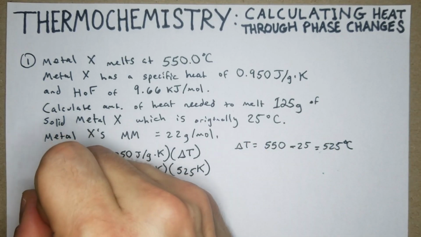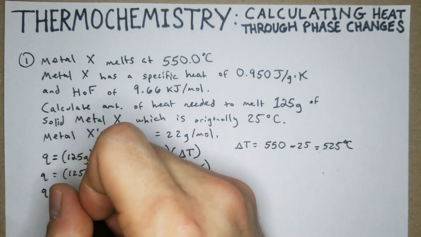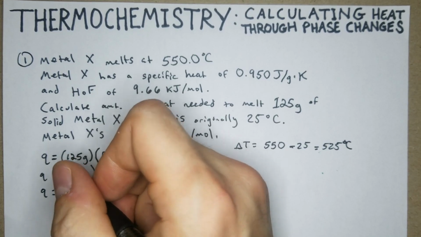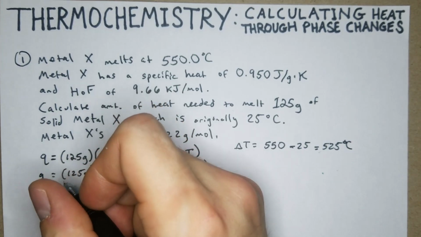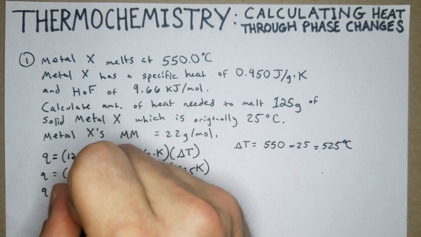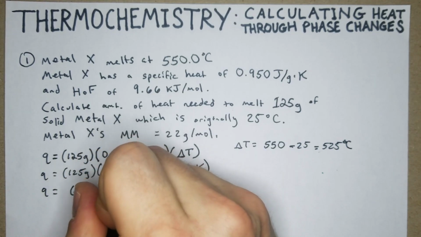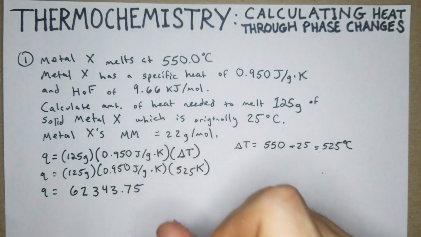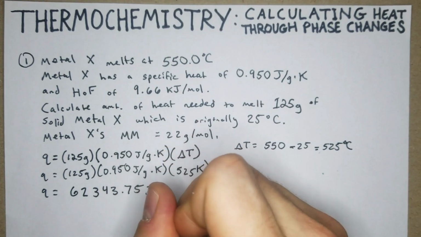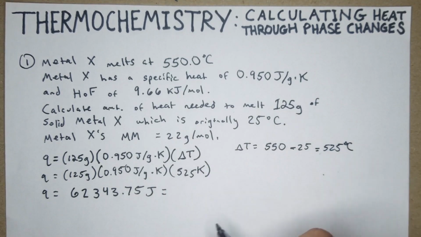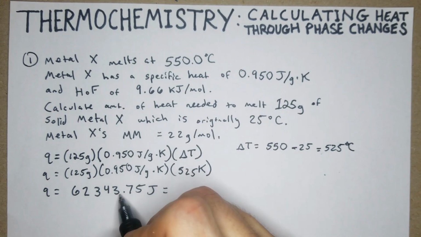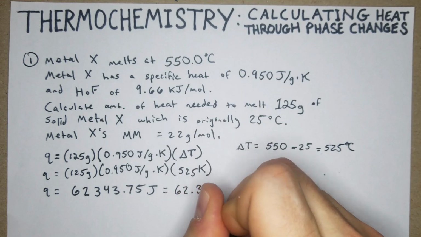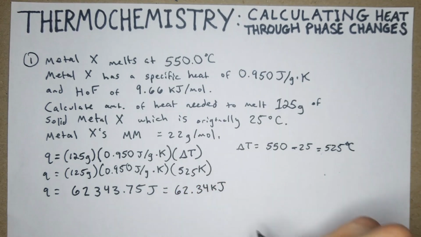And now let's do that calculation out. Let me grab my calculator. Okay, so we're going to have 62343.75 joules. And we can just convert that into kilojoules. That's going to be 62.34 kilojoules.